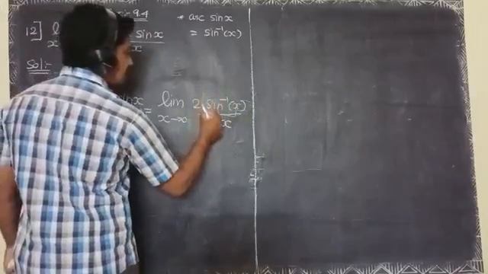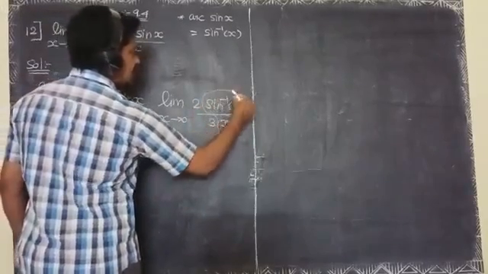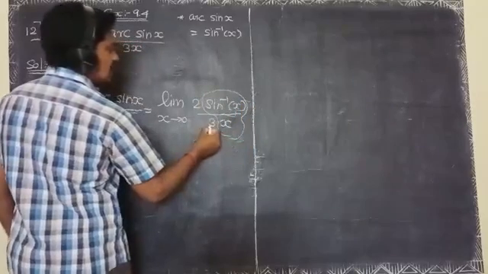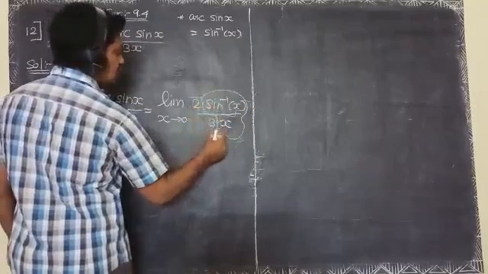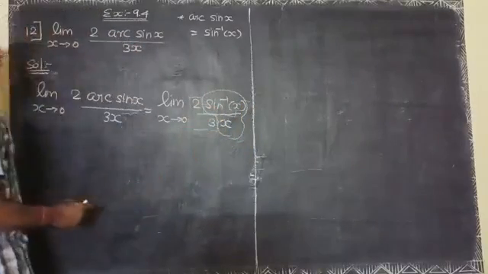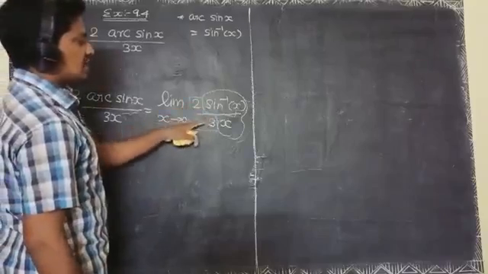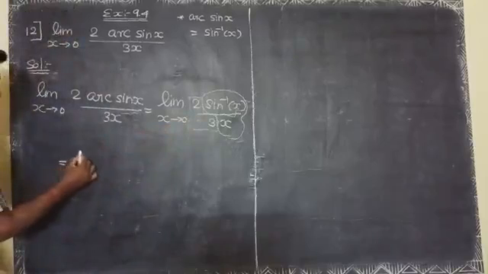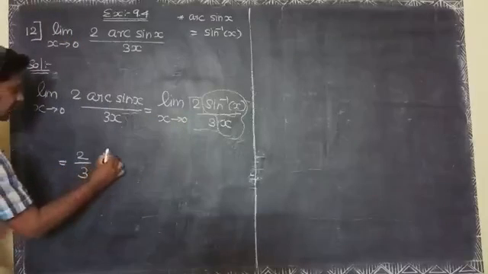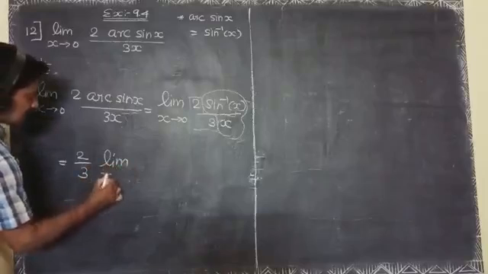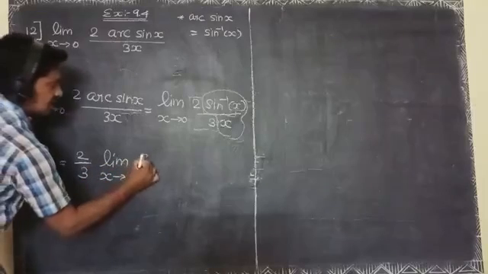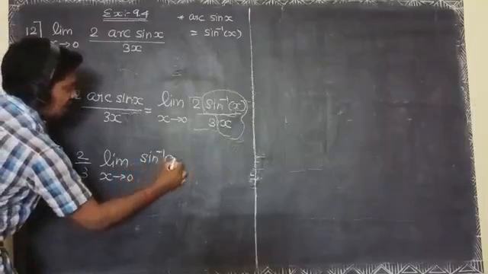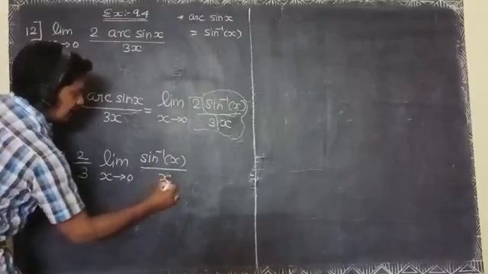Grouping the function sin inverse x divided by x. 3 is a constant, 2 by 3 is also a constant. Applying the limit to a constant function, we get the same result. So 2 divided by 3 into limit x approaches 0 of sin inverse of x divided by x.